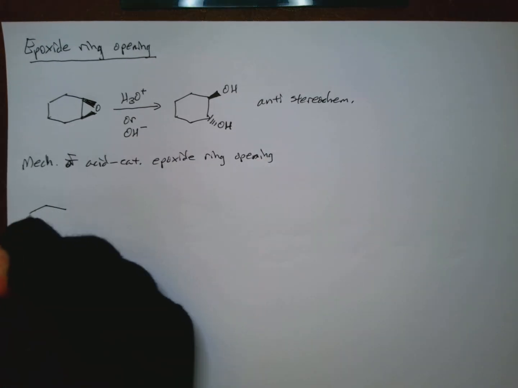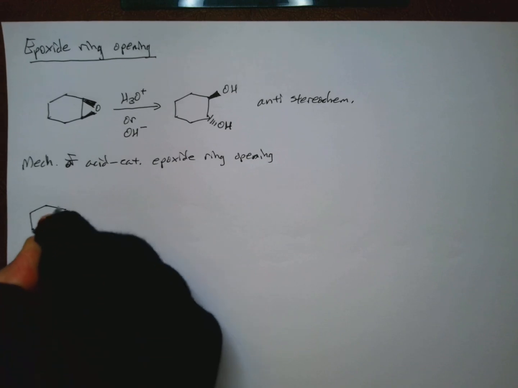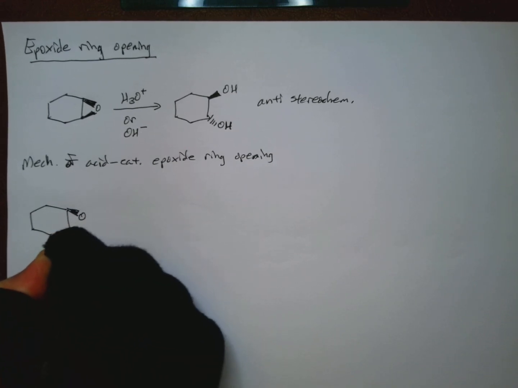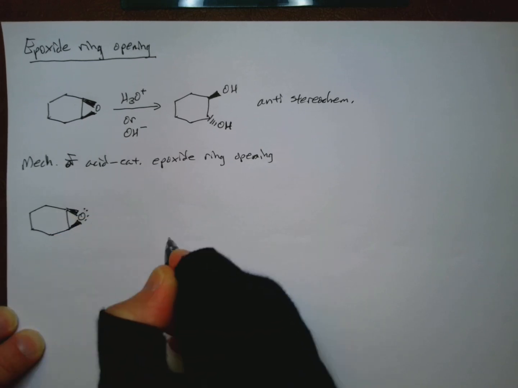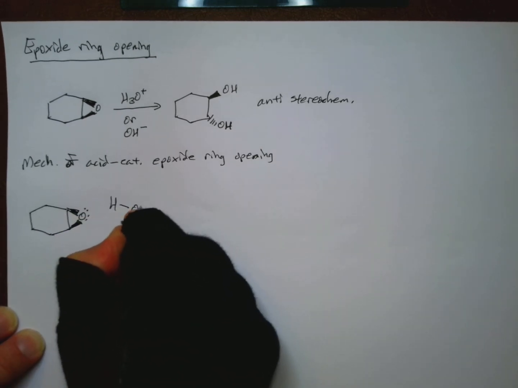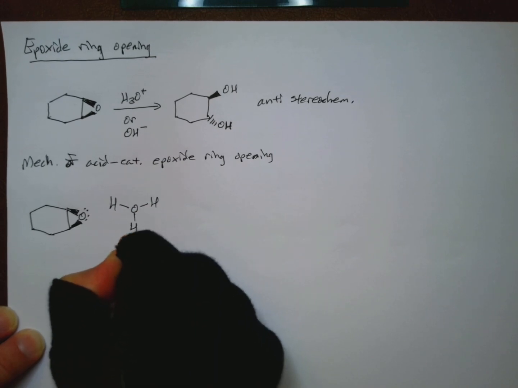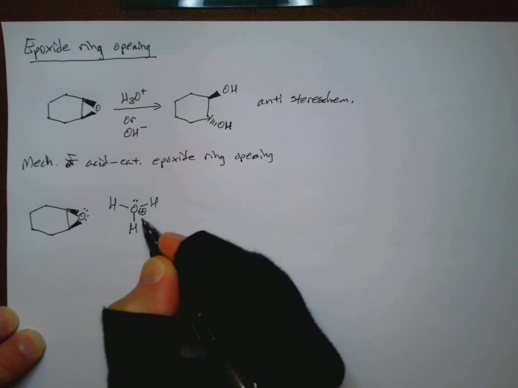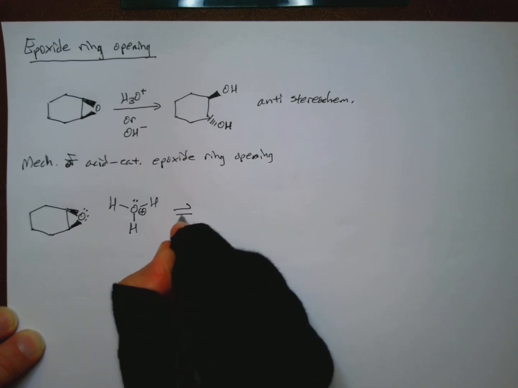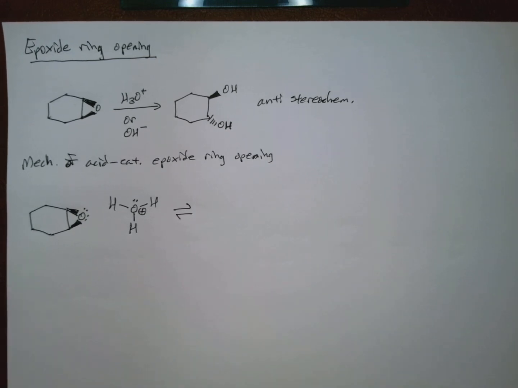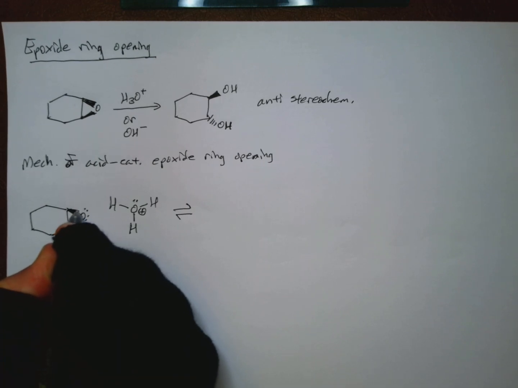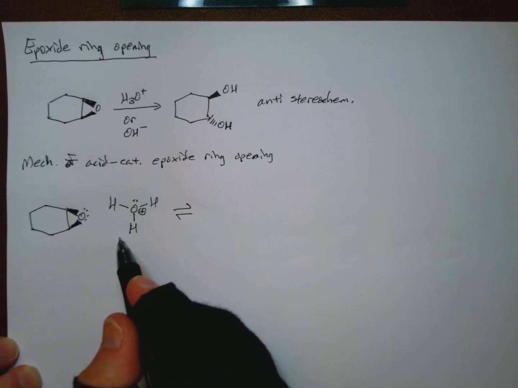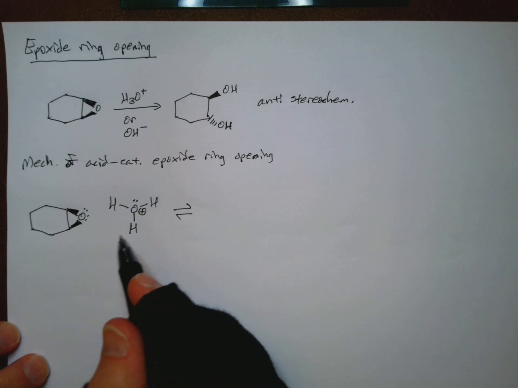All right. So we'll start out with our epoxide here. And then we'll have our H3O plus, our aqueous acid. And what's the first thing that is going to happen? Well, an important thing to remember is that when you've got acid present, you're probably going to protonate something.